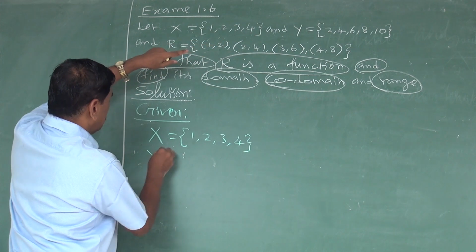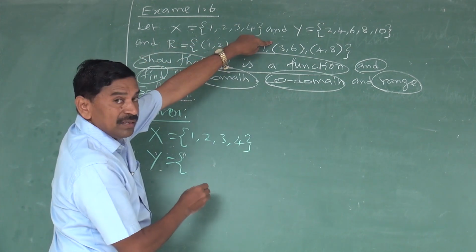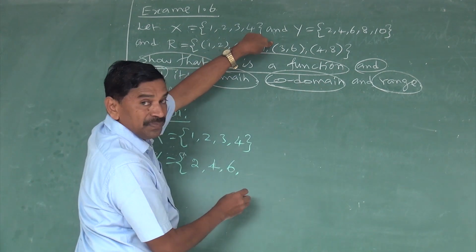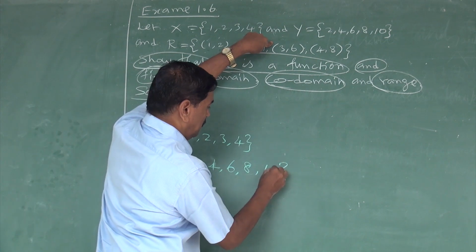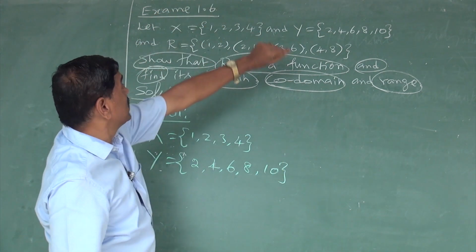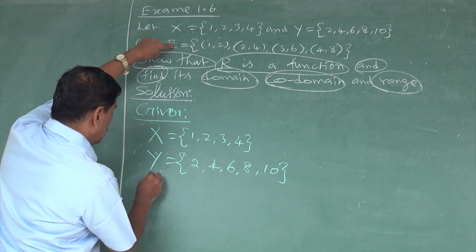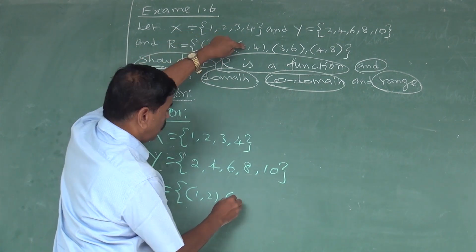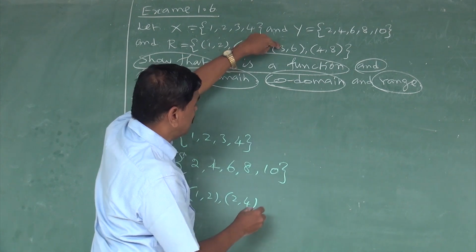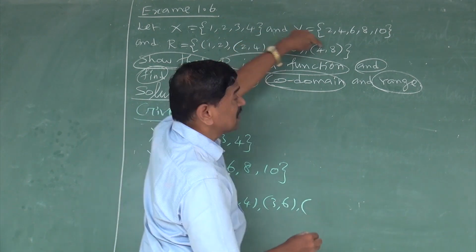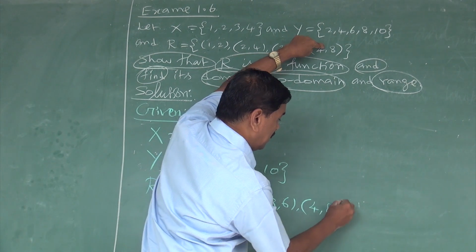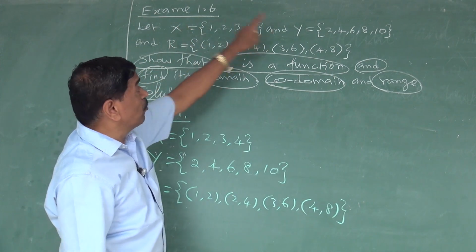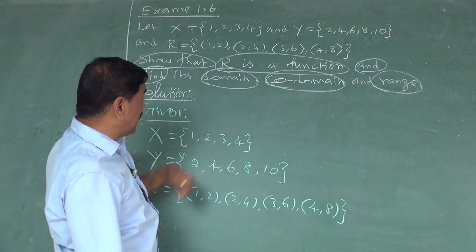The set Y is equal to {2, 4, 6, 8, 10}. So X set, Y set, and a relation R is given. The relation R is given by the ordered pairs (1,2), (2,4), (3,6), (4,8). Complete the flower bracket. So the given data is over.